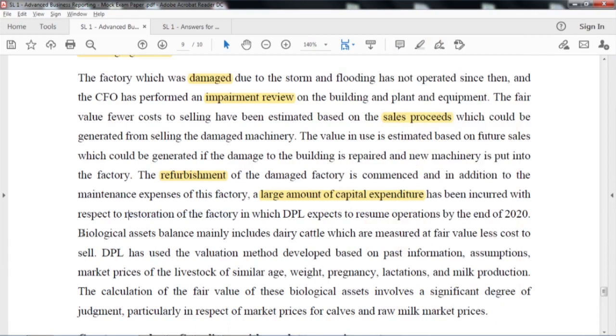And our favorite next topic is biological assets, right, dairy cattle measured at fair value. Like I said, it's a requirement to measure at fair value, and the company has used a valuation method based on past assumptions, market price of livestock of similar age, weight, pregnancy, location, all of that, the calculation involved.